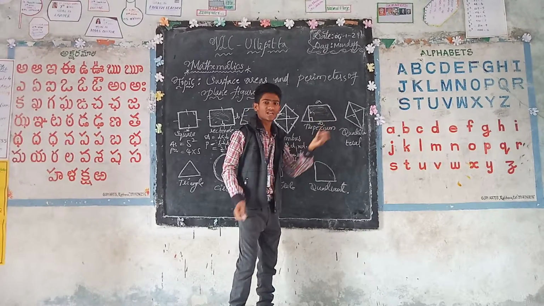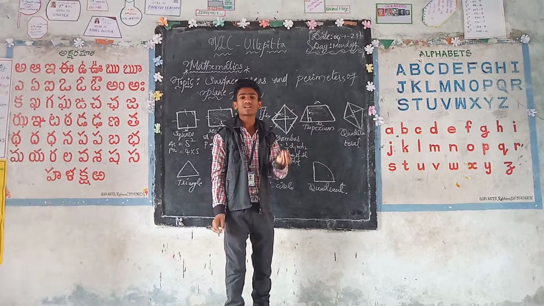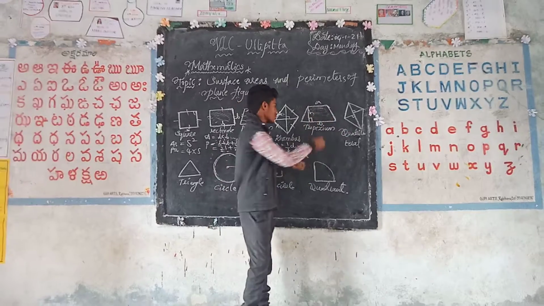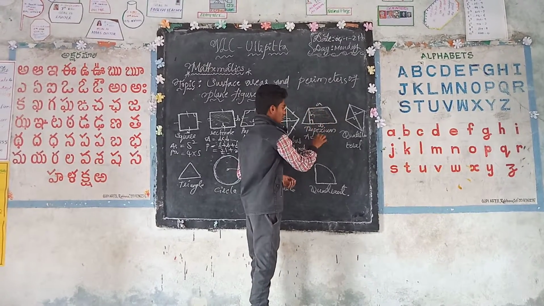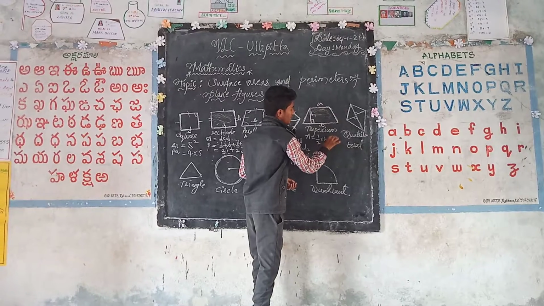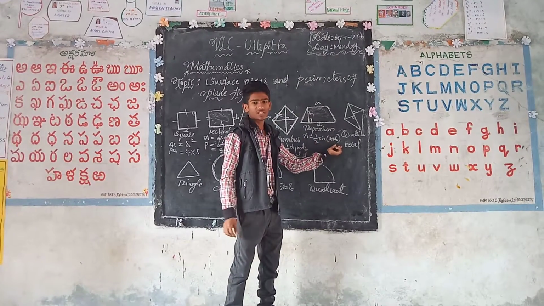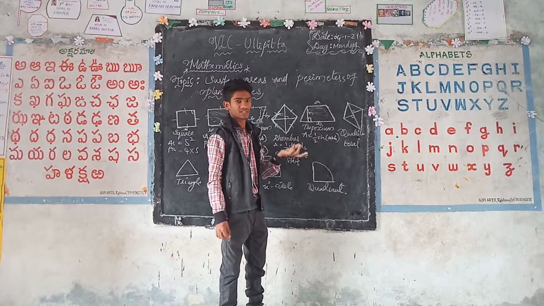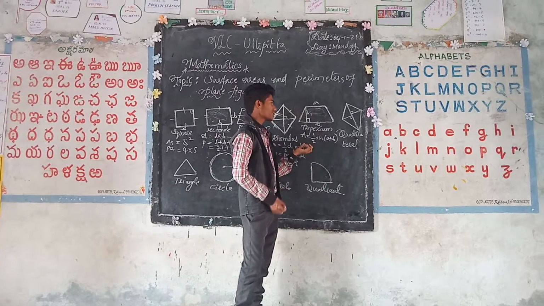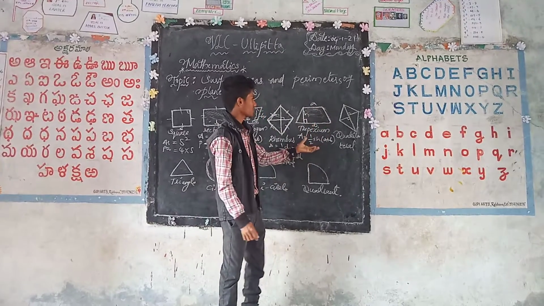Area means the inner side of the trapezium, how many square centimeters or meters or kilometers are in that. So the area of trapezium is equal to half into H into A plus B, in square units: centimeters, kilometers, meters squared. Next, perimeter means if we add the sides, we can get the perimeter.